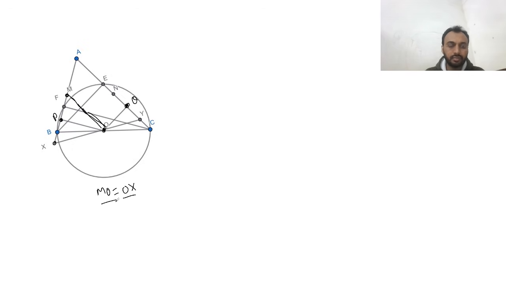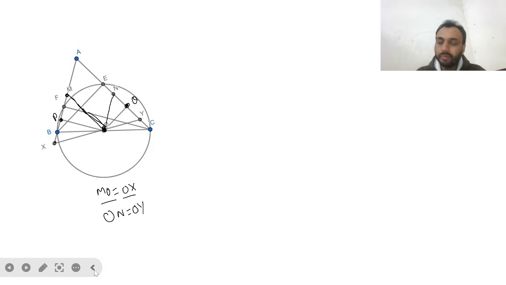Because OP is a perpendicular bisector. And we can say that MP is equal to PX also. So OM is equal to OX, right? Similarly, we can say ON is equal to OY.